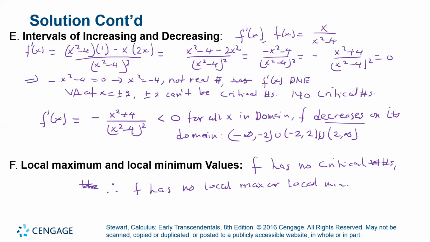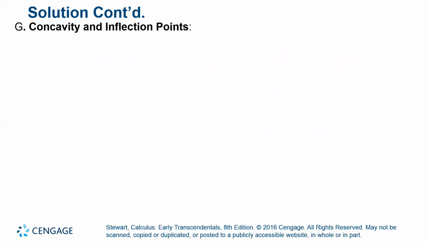So then the next step is that we should find concavity, and that is where we have to find the second derivative and set it to 0 and see whether there is a change. So now we know that our f prime of x is negative x squared plus 4 divided by x squared minus 4 squared.